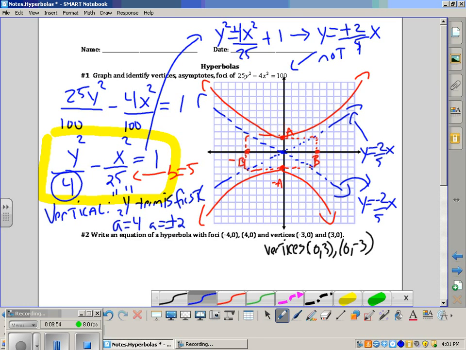You could, of course, find the equations of the lines by taking 2 points on the asymptotes and figuring out the slope and plugging into point slope form. The last thing is the foci, which you saw on the notes, is actually a squared plus b squared equals c squared. So real quick, we're just going to plug in a squared plus b squared. That's going to be root 29.